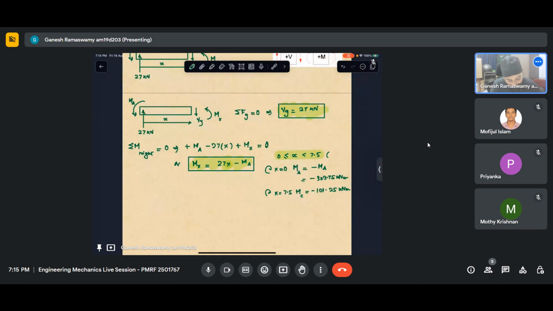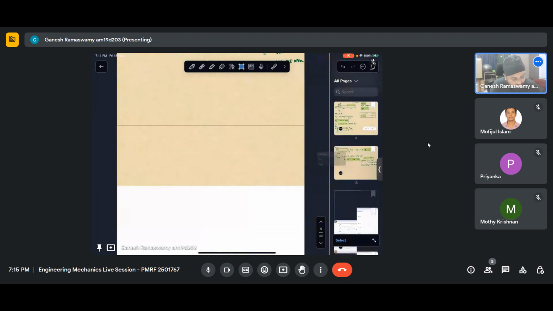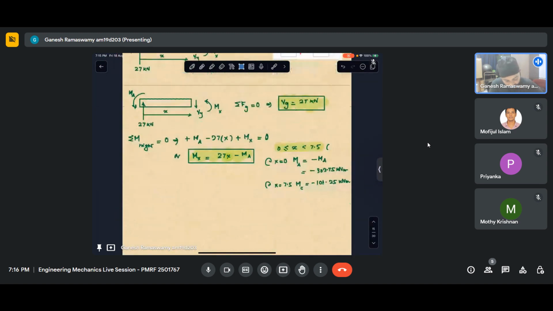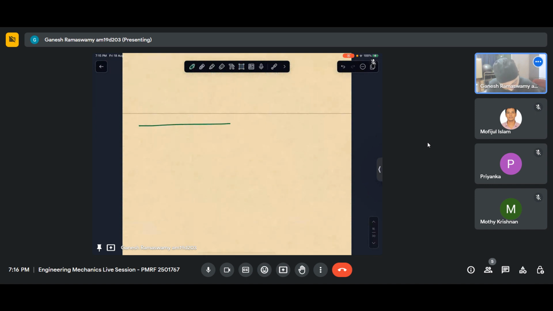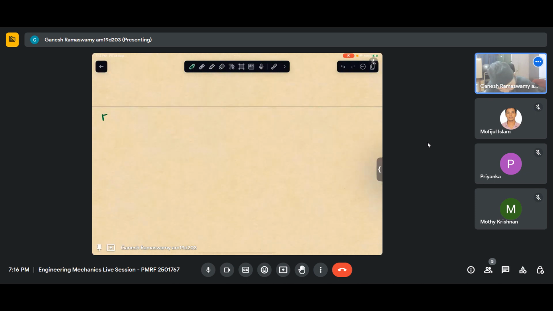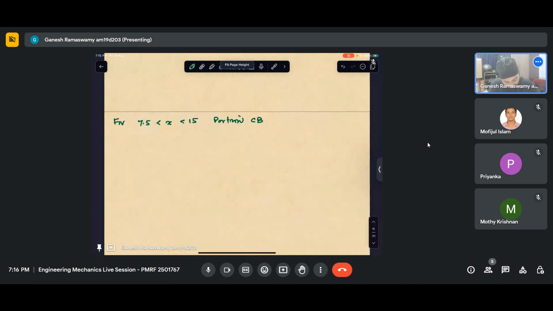Now I just need to do it for one more section. So let me go ahead and do that. Now for 7.5 up to 15, that is portion CB, the second half, which is the loaded half. There, if I draw the free body diagram, I have the beam like that.